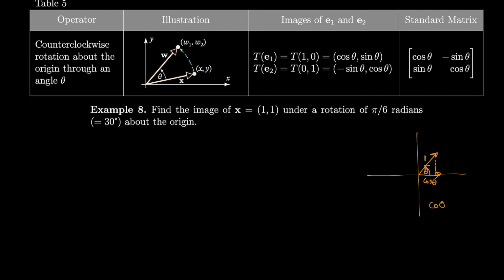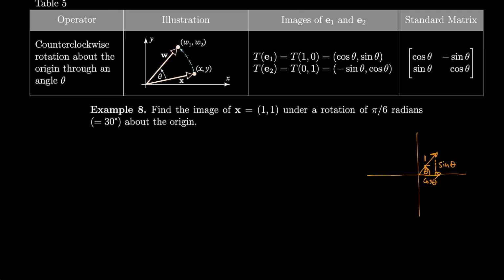Because cosine of theta would be the adjacent piece in the bottom divided by the hypotenuse, which is 1. So let's say I made it x on the bottom. That means cosine of theta is equal to x over 1. So cosine theta is x. Similarly, we could figure out that sine theta is that opposite side. So the vector E1 would be transformed into cosine theta, sine theta.